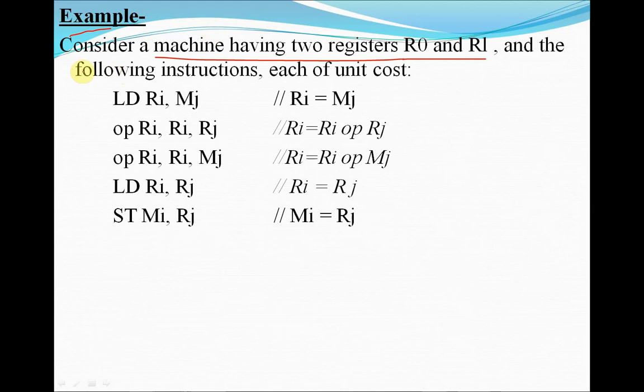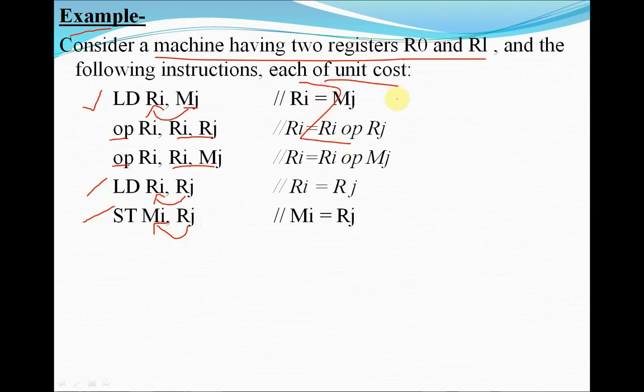Each instruction may be a load instruction, loading memory content into a register, or an operation instruction like add, subtract, multiply. It may include register operands as well as memory operands. And a load instruction can load data from one register to another register, and a store instruction stores the content of a register into a memory location.